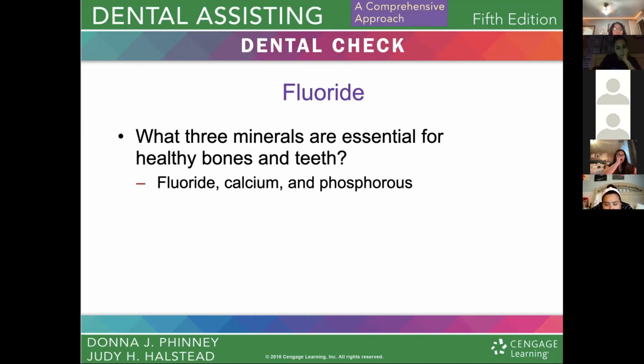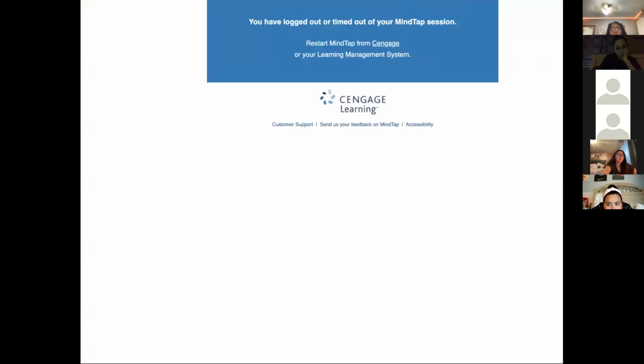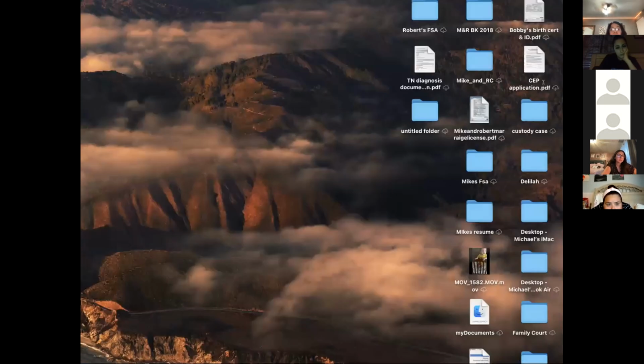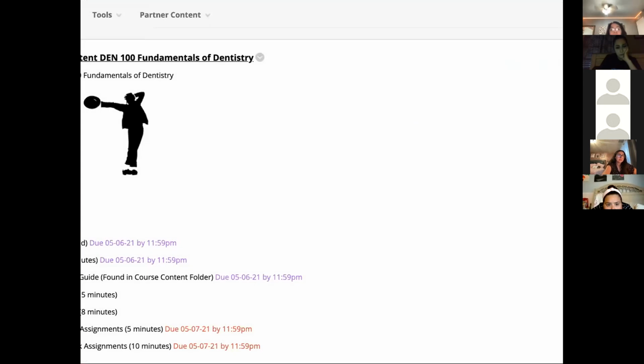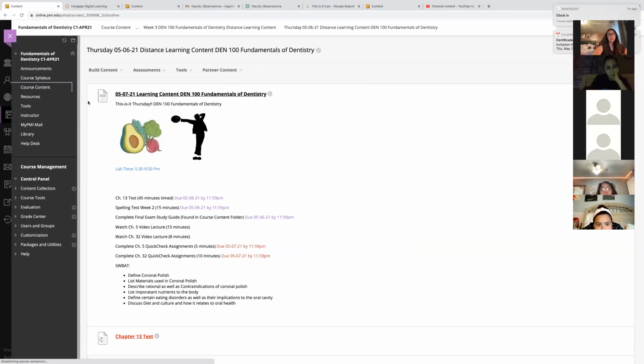What folder are we submitting our topic in? Because I was looking and there's only a place to submit the presentation itself, not the actual topic. It should be in today's content. Here, I'll pull it up just so that we're all on the same page. Let me change my screen sharing. Okay, so let's go into the content.